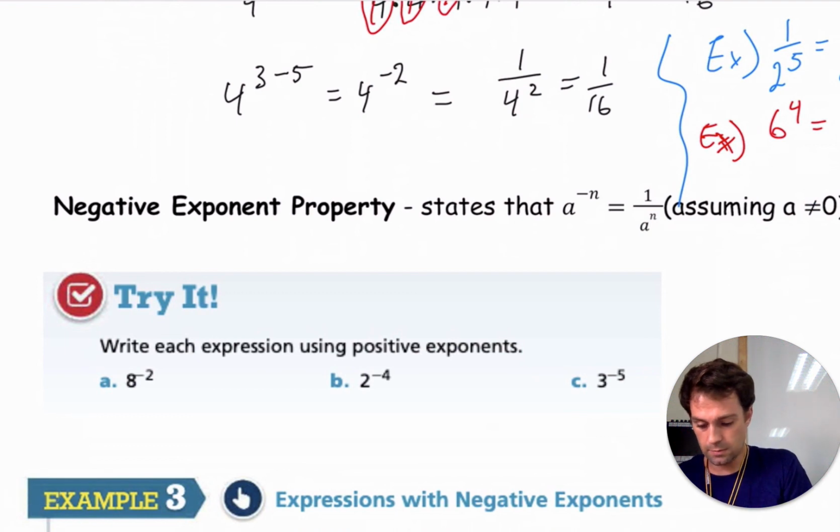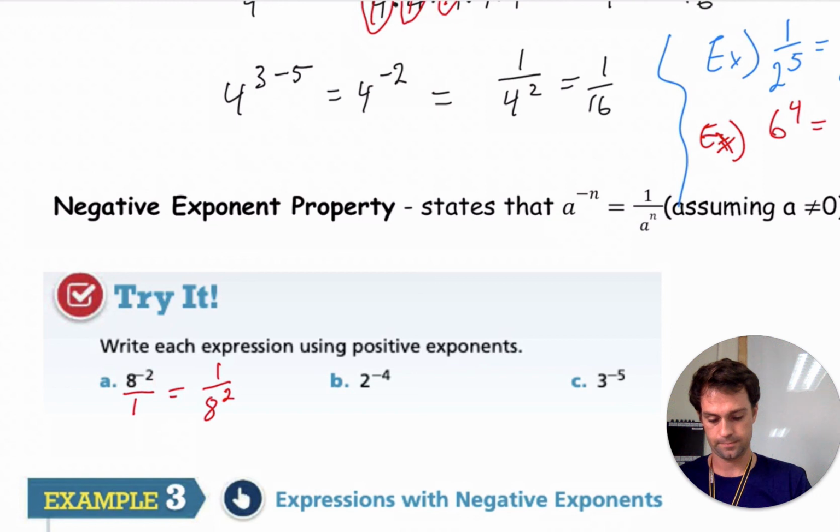So this one's just going to be 8 to the power of 2. This one is going to be 2 to the power of... Actually, no, I take that back. Since this is all over 1, we need to send it down. So it's going to be 1/8 to the power of 2.